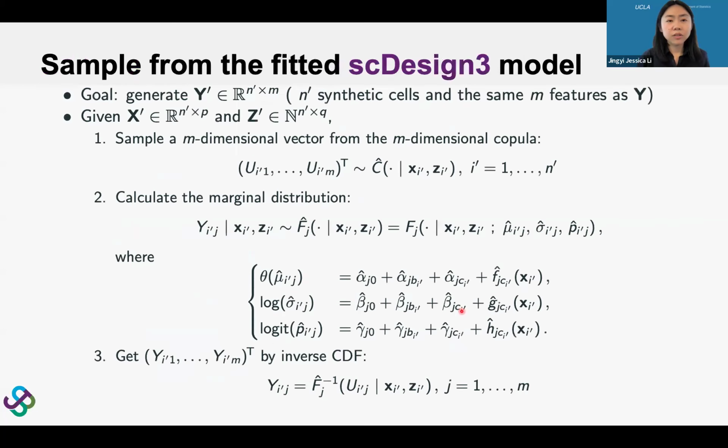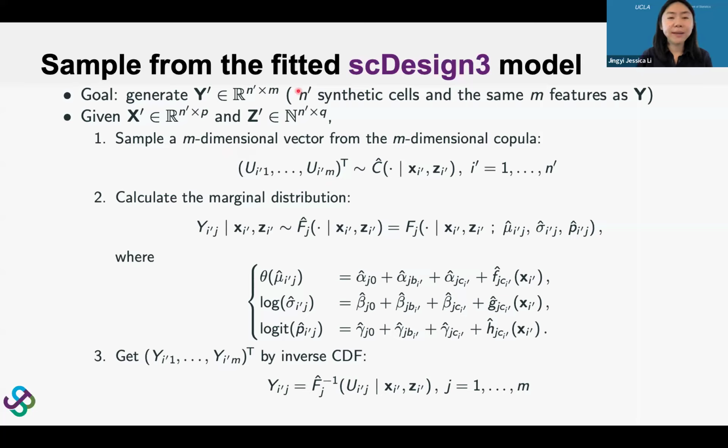All right. So suppose we fit this model, right? Gaussian copula for the correlation structure, and marginally, each feature with its marginal distribution. Then we can do sampling. So when we do sampling, essentially, we first sample from the m-dimensional copula.